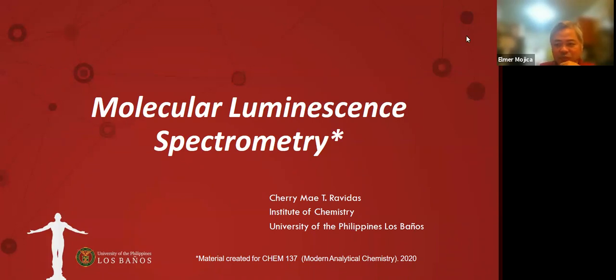I hope you watched module 4.2 and 4.3 because we're going to go ahead here with module 4.4, the molecular luminescence spectrometry. And the focus that we will have here is fluorescence.